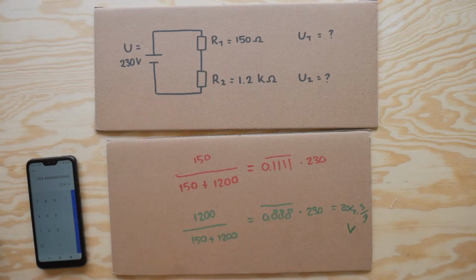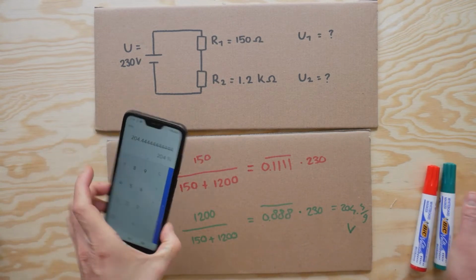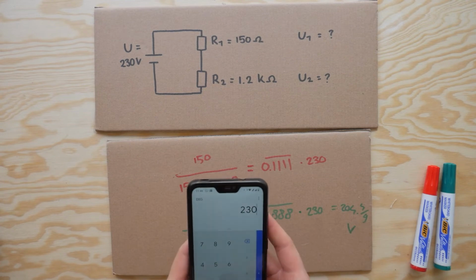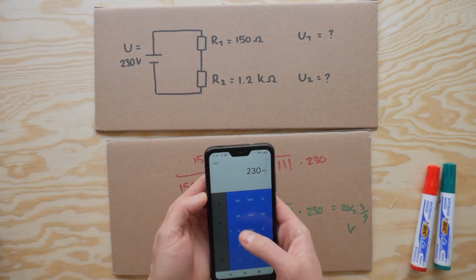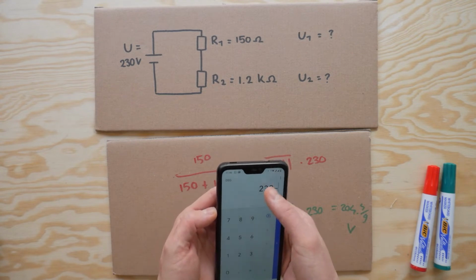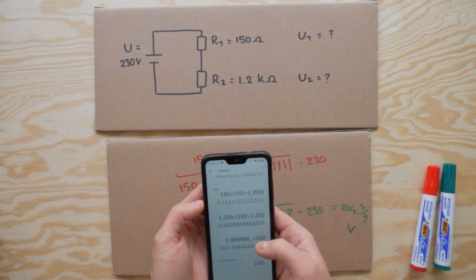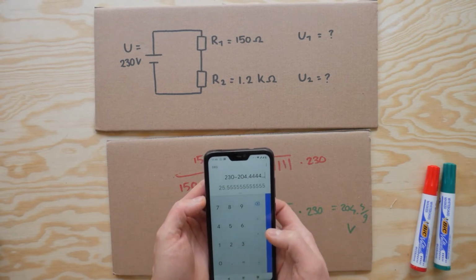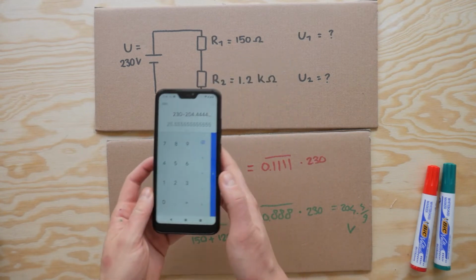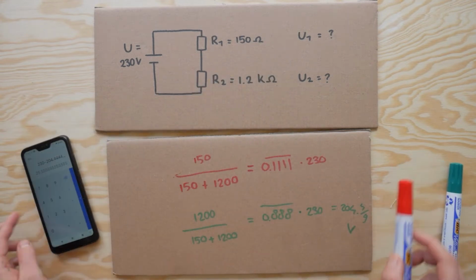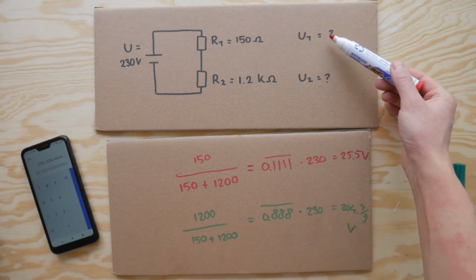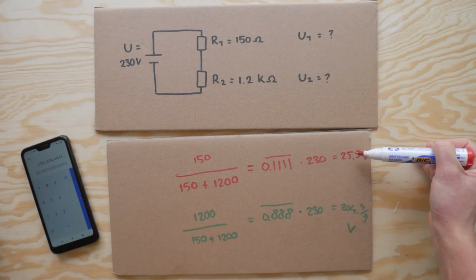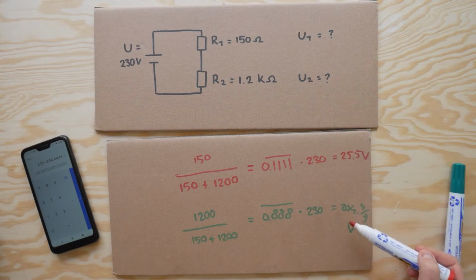Then we have an amount left, so we can also just say 230 minus our previous answer. Minus that is, here we go, 25.5 volts. So we have our U1 is 25.5 volts, and our U2 is 204 4/9.